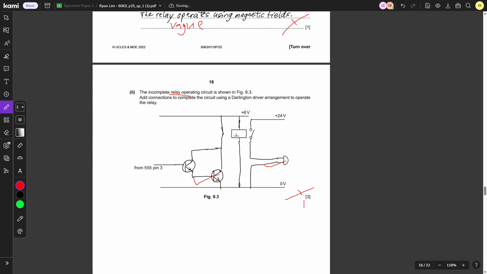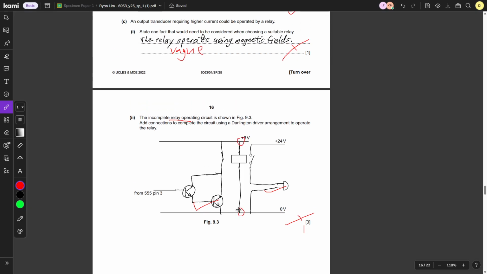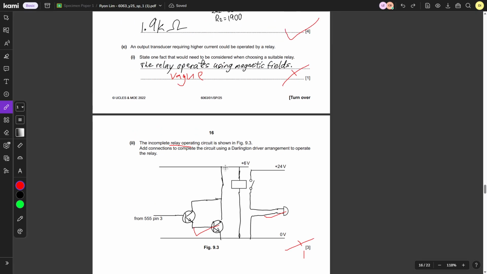Your relay is connected wrong. It is connected to 6 volts, so your relay will be constantly on. And you want it to be controlled by a BJT, right? So what you need to do is you can either remove the wire here and connect it like this.